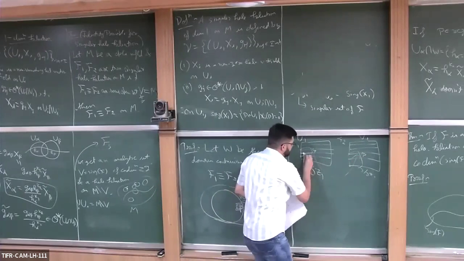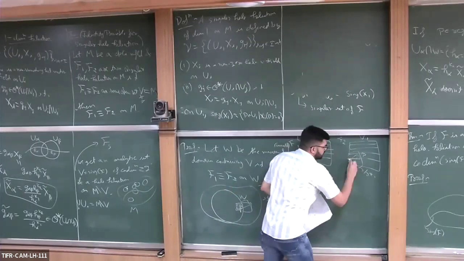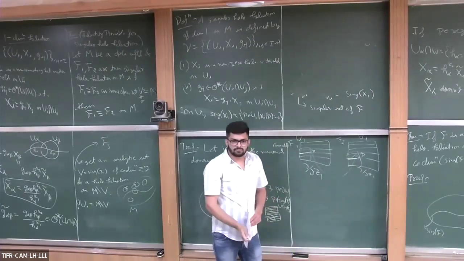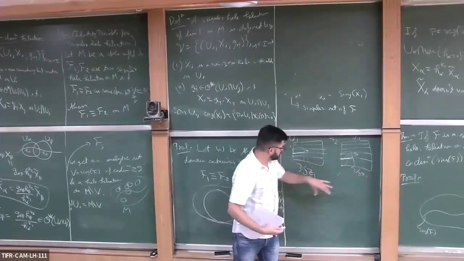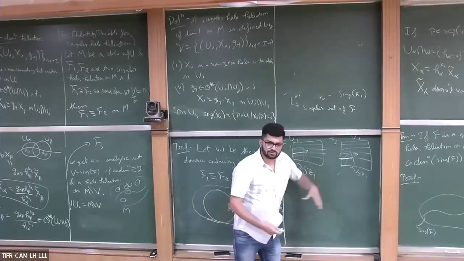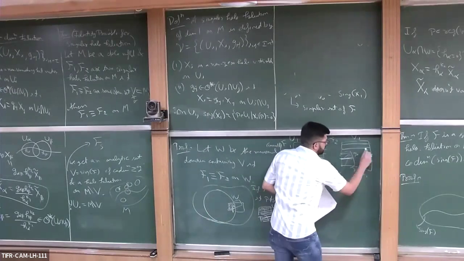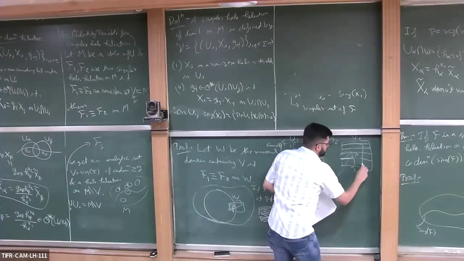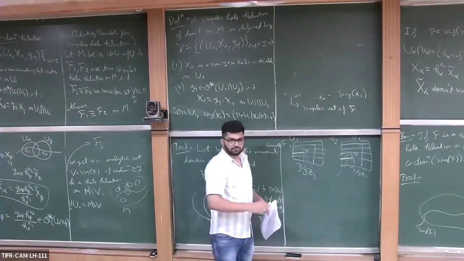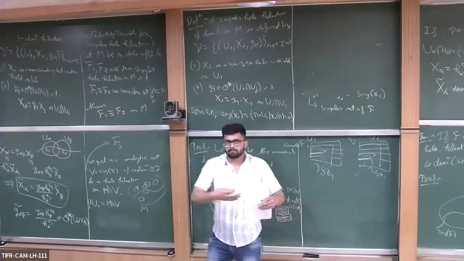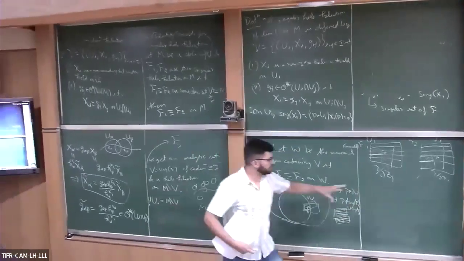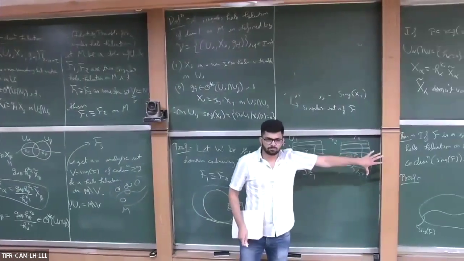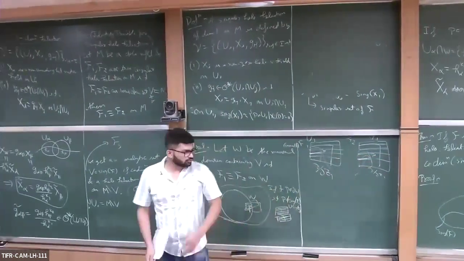So it will take these objects to these objects. Then we can use the identity theorem for this, so that the position would be the same on the whole overlap. So that gives us that.